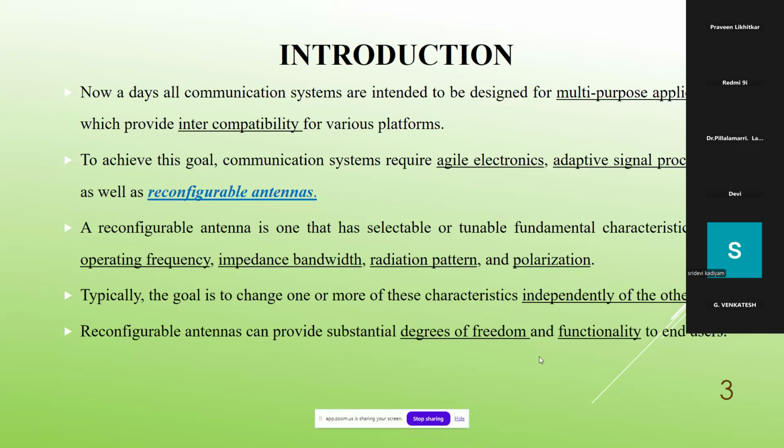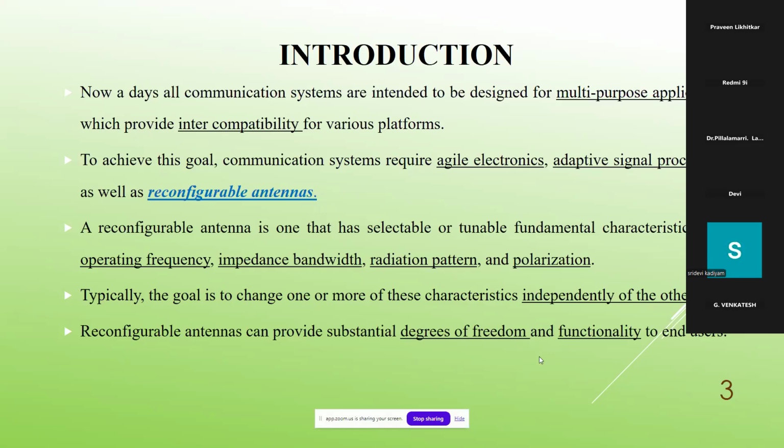Another one is agile electronics, adaptive signal processing, where we can achieve compatibility. Agile means compatibility, and we can adopt signal processing techniques that will direct towards reconfigurable antennas.